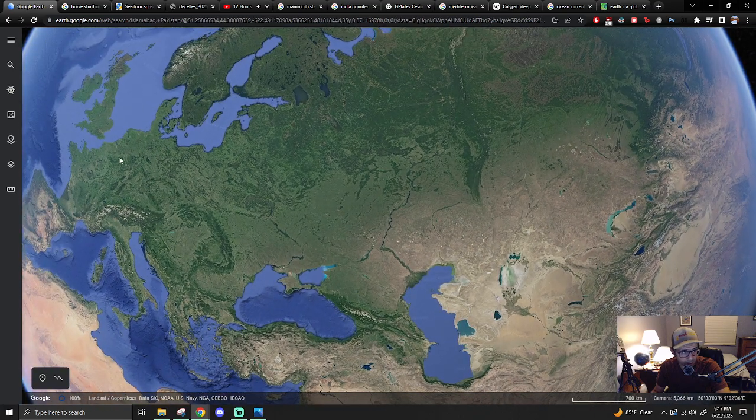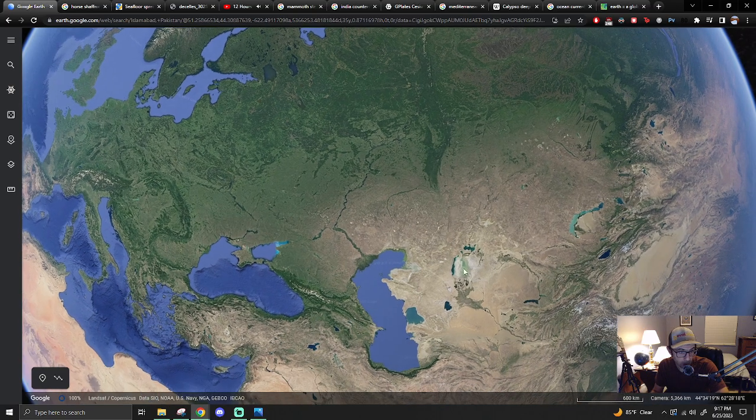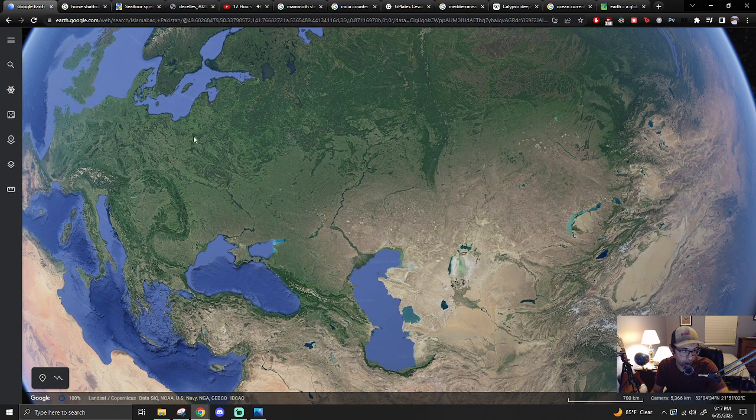Which looks like it's possible that a current went this way that was traveling relatively straight.